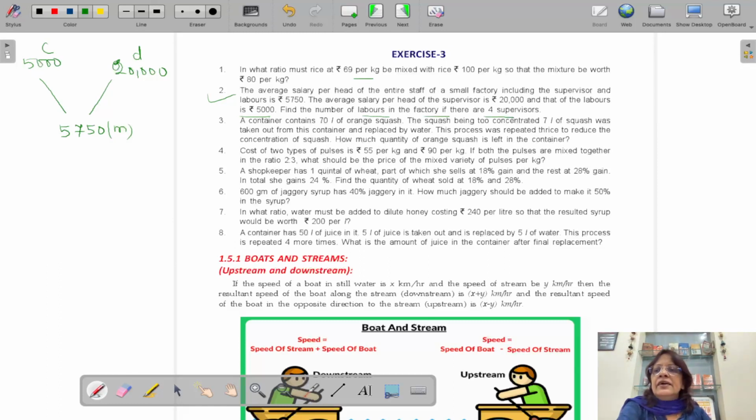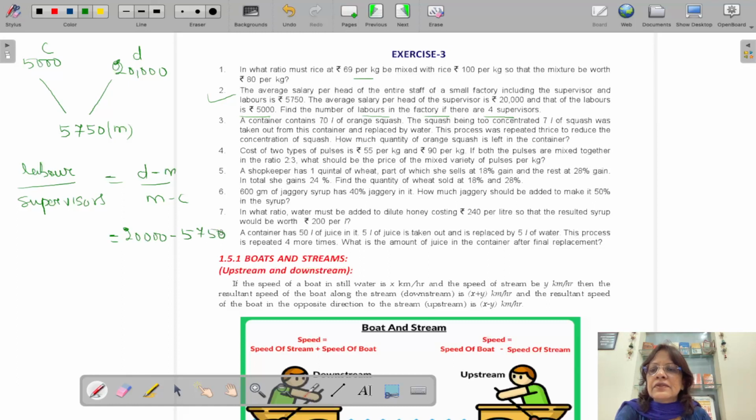So first we'll find the ratio of the laborers. By the formula, the ratio of laborers upon supervisors is D minus M upon M minus C. D minus M, that is 20,000 minus 5750, upon 5750 minus 5000.